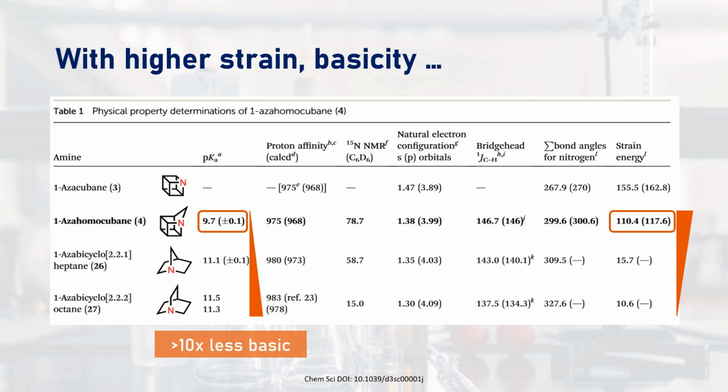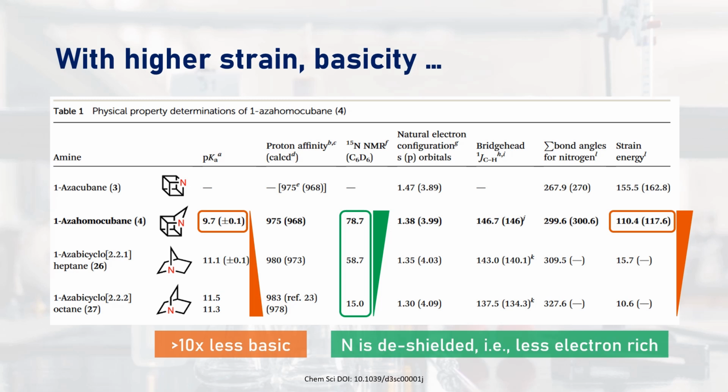You might think that because there is more strain, the nitrogen might be happier in some other configuration, but looking at nitrogen NMR chemical shift showed that the nitrogen in azahomocubane is less electron-rich compared to the other frameworks, which aligns well with the observed basicity trend. Notably, the hypothetical azacubane has 45 kilocalories per mole more strain energy than azahomocubane, which makes you wonder how long it will take to synthesize it in the lab.